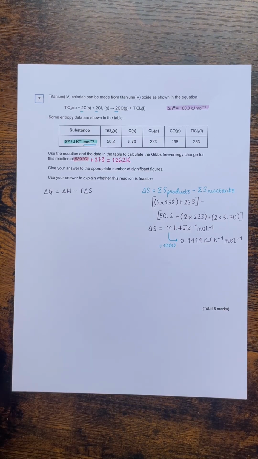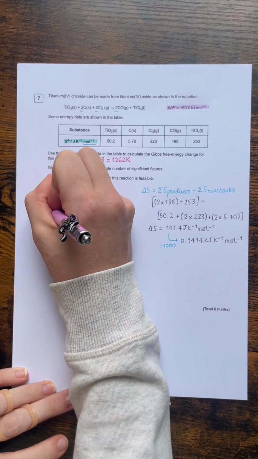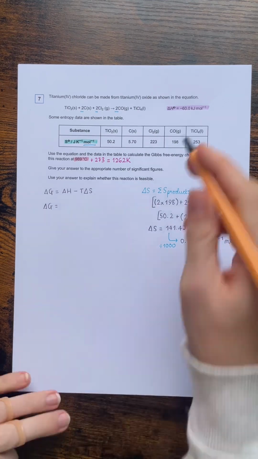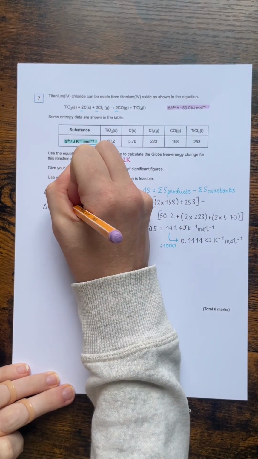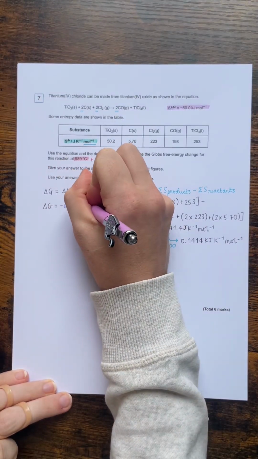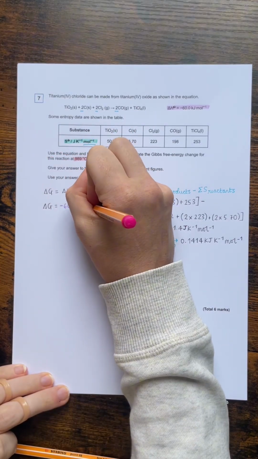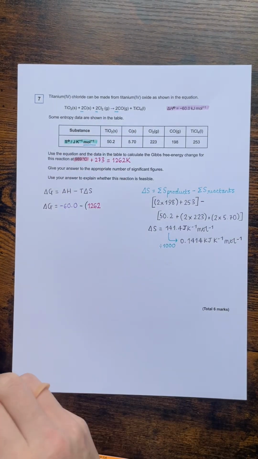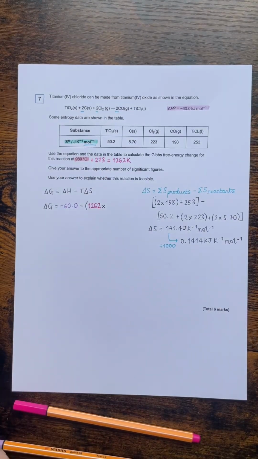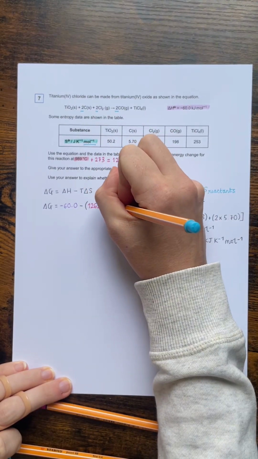Now I've got everything that I need to work out the value for delta G, and then it just becomes subbing the numbers into the equation that we've already written down. So delta H, minus 60.0, and then we're going to take away from that the temperature, which we've got as 1262 Kelvin, and that is going to be multiplied by delta S, which is 0.1414.